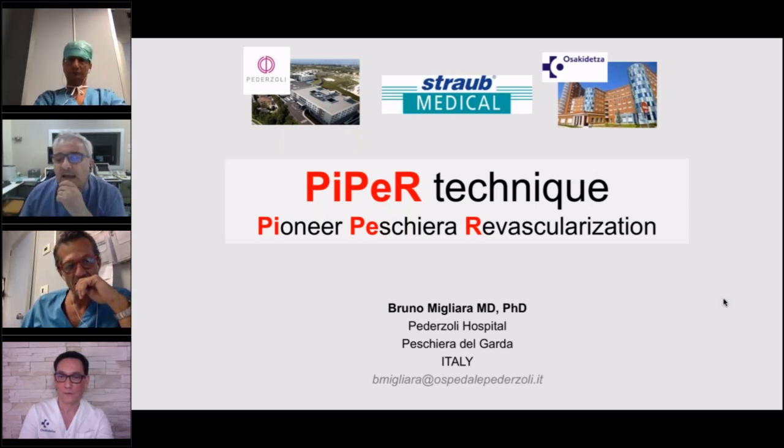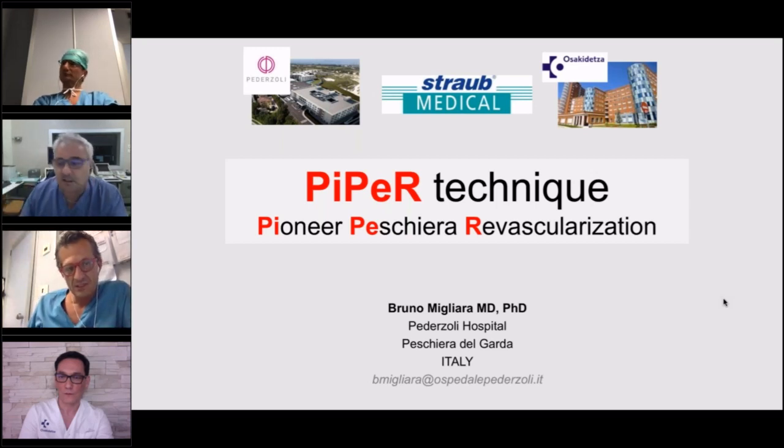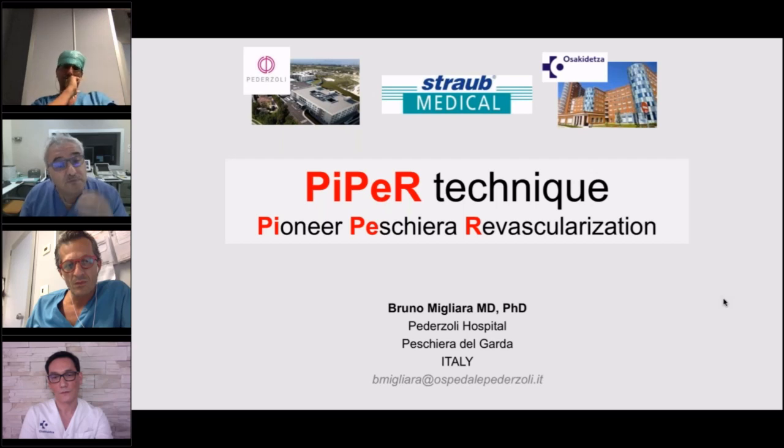Okay, another question. I typed the answer myself, but it is nice to share. The question is: how do you redirect the flow to the forefoot after the creation of the fistula, from Cesar Quenoheda?